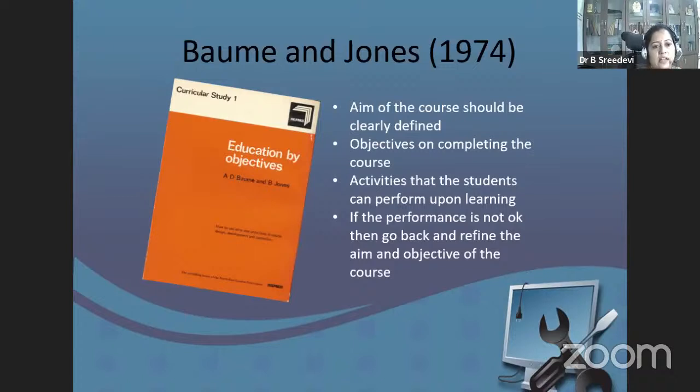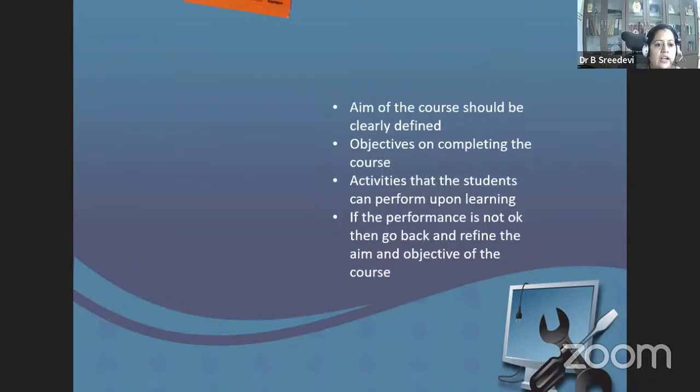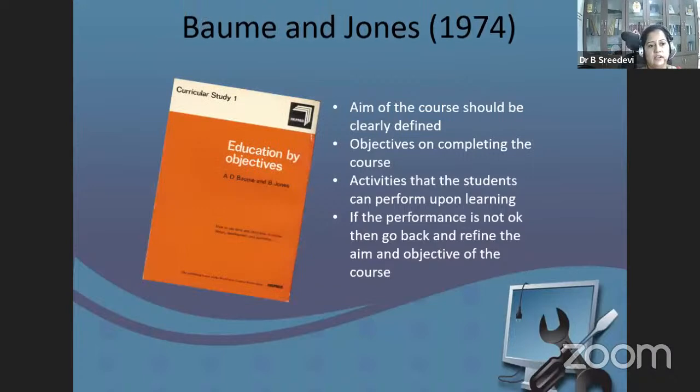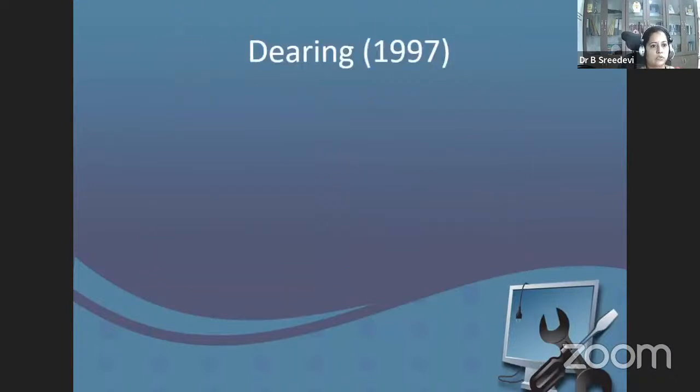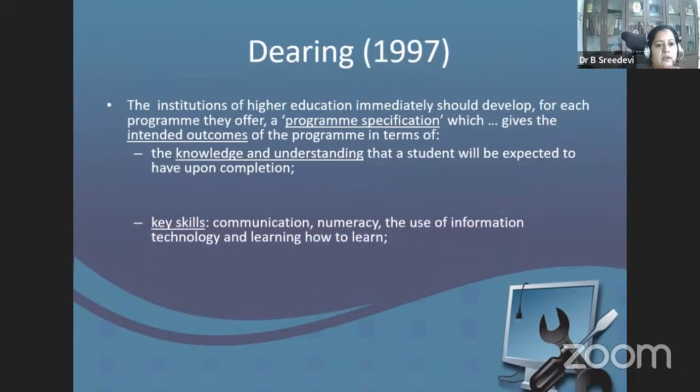Then the activities that students perform upon learning, as I mentioned, in the form of mini lectures, seminars, question papers, mini projects, main projects, or industrial visits. In whatever way they want, they can represent their completion of objectives. Then, if the performance is not okay, again in this triangle form, I go back to refining the course outcome.